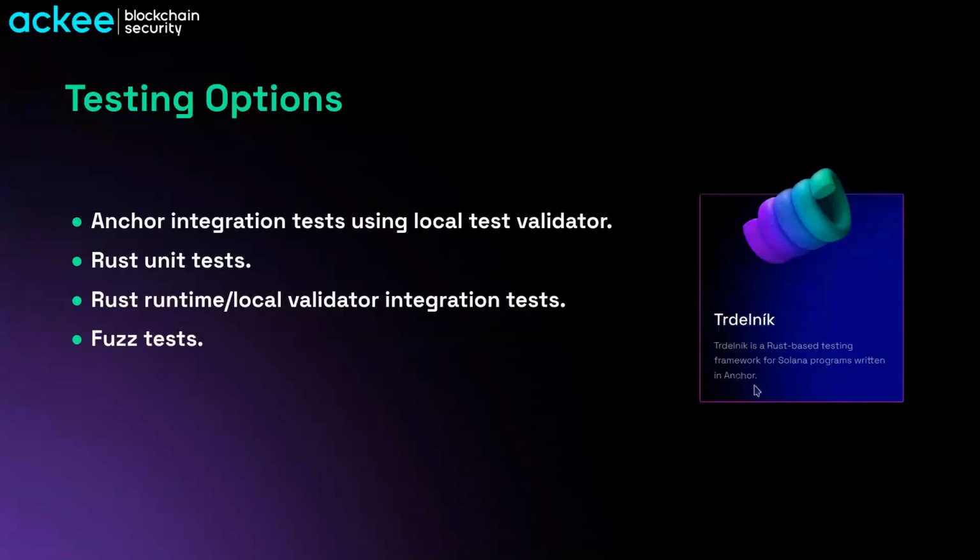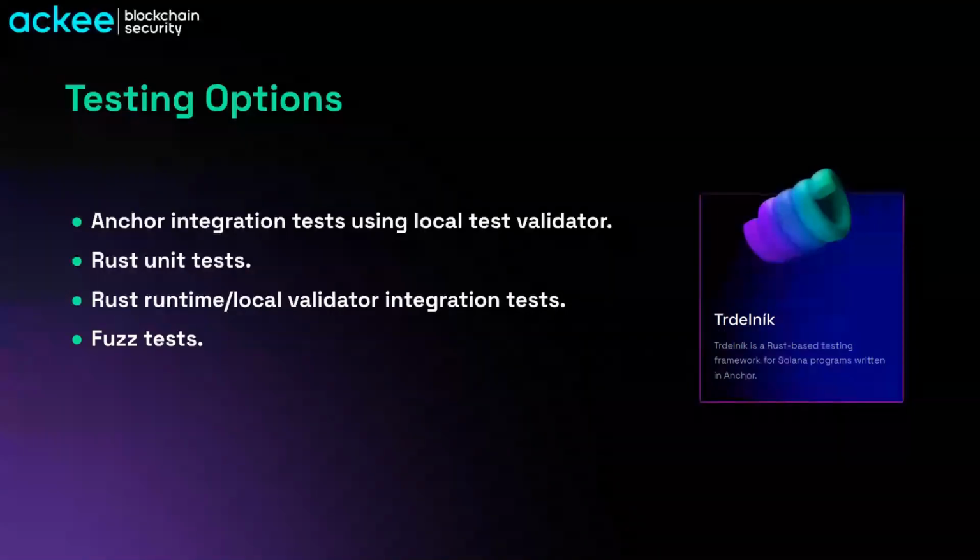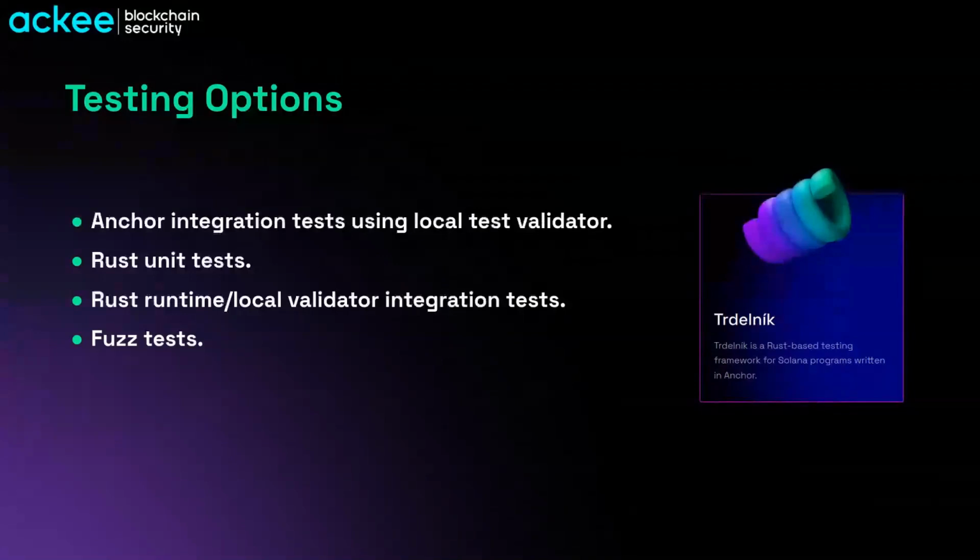Our tool basically generates a program client that helps you invoke the instructions of your program, and it also helps you write fuzz tests, because it provides a CLI interface to run the fuzz tests, and it provides some templates. I will show you during the hands-on how you can do that.